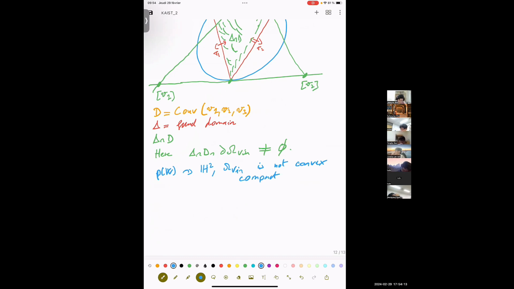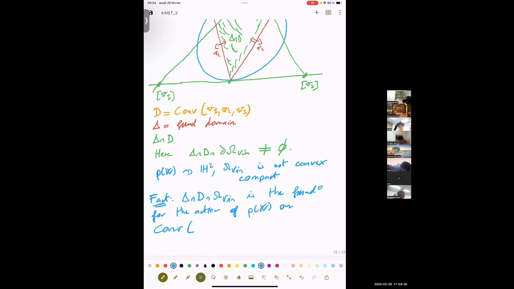The thing maybe I should have stated, the important fact is that delta intersected with D intersected with omega bin is the fundamental domain for the action of rho W on the convex hull of lambda rho W.